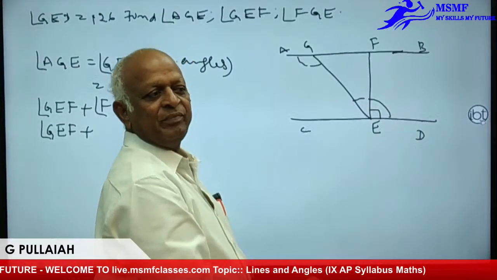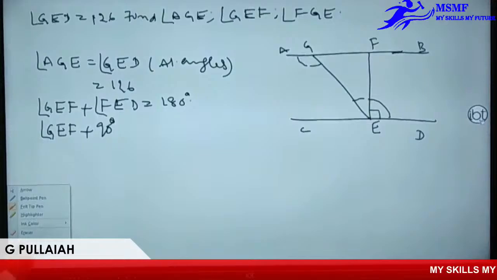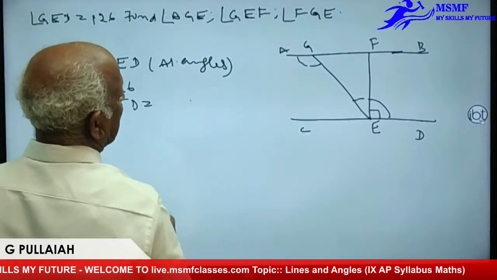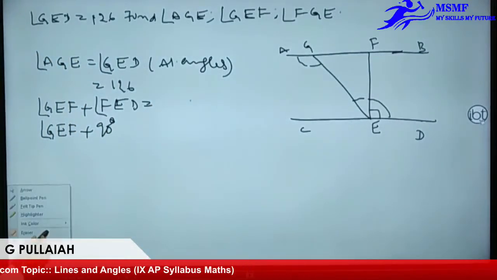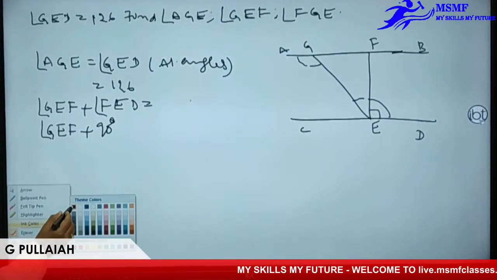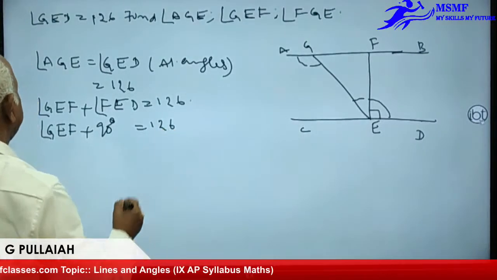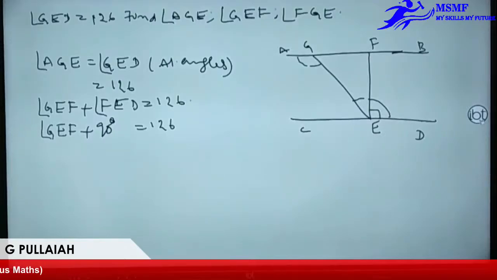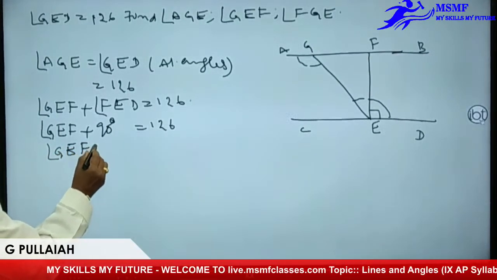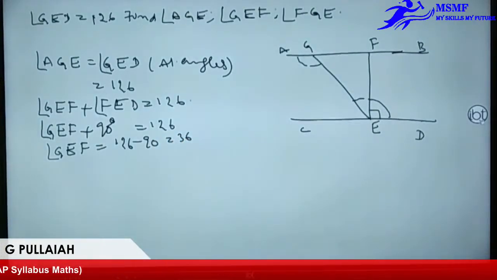A perpendicular symbol is there, so it is 90 degrees. And GEF plus angle FED is equal to 126. So GEF plus 90 is equal to 126. Therefore GEF is equal to 36.